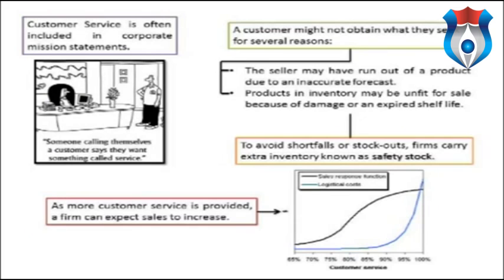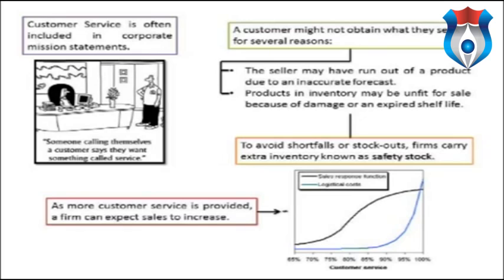A customer might not obtain what they seek for several reasons. For example, the seller may have run out of a product due to an inaccurate forecast. Products in inventory may be unfit for sale because of damage or an expired shelf life.